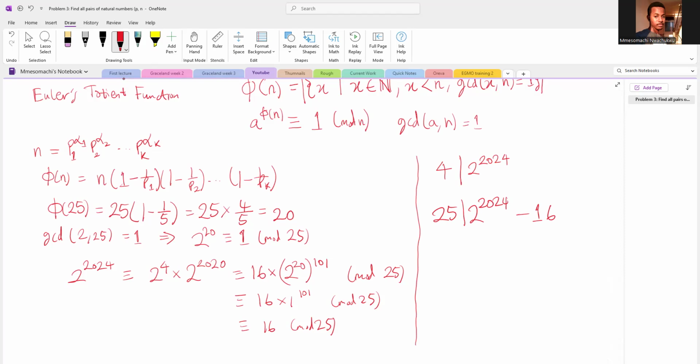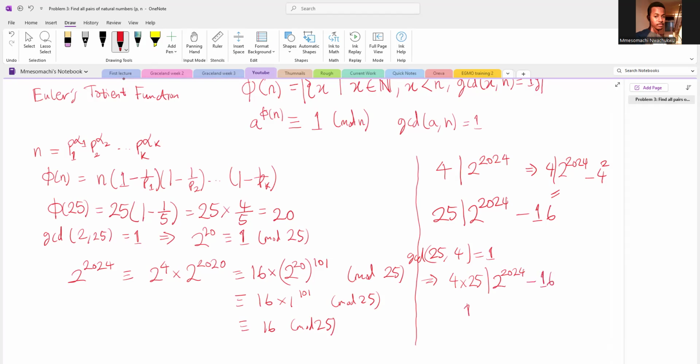From 4 dividing 2 to the power of 2024, it implies 4 divides 2 to the power of 2024 minus 4 squared, of course. Since the GCD of 25 and 4 is equal to 1, this implies 4 times 25 divides 2 to the power of 2024 minus 16.